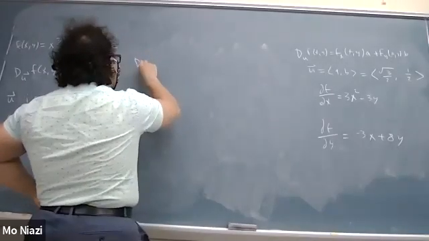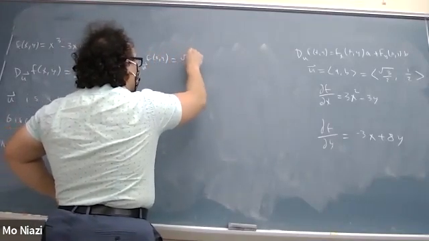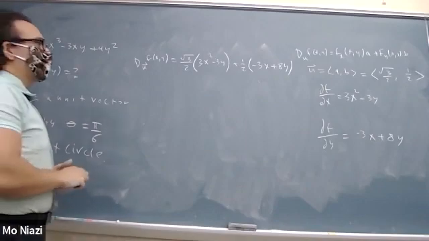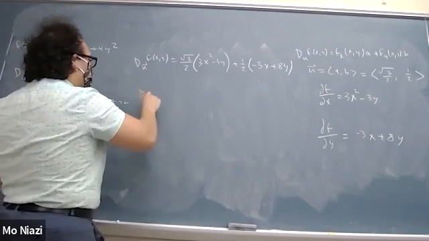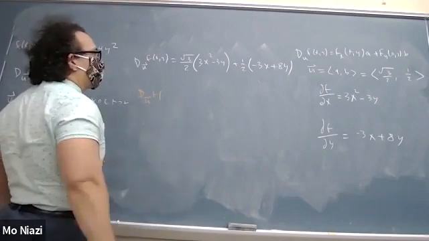So finally, this is equal to this. Then the problem says, now that you found the directional derivative, what is its value at some arbitrary point?